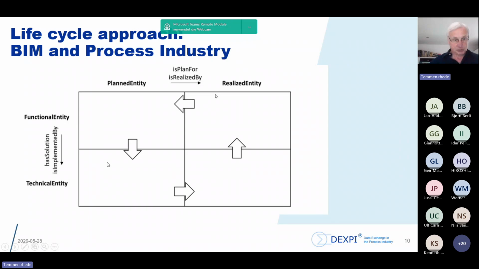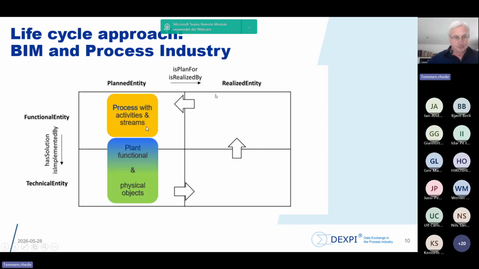That was a picture from the BIM community, and here we have the process in the left upper quadrant, and in the left lower quadrant we have the processed plant with the blue part, the functional part, let's say the pump, and the physical objects, let's say the specified centrifugal pump.